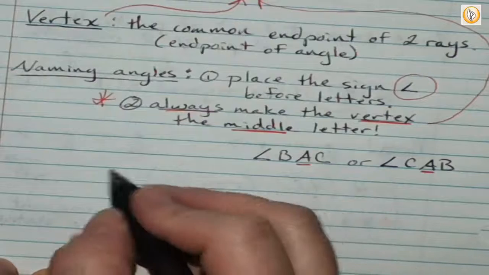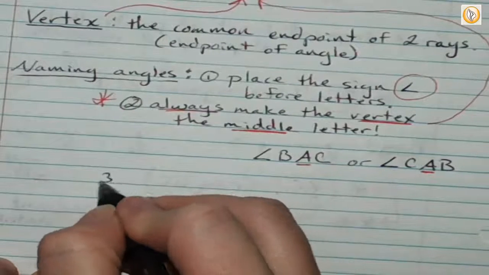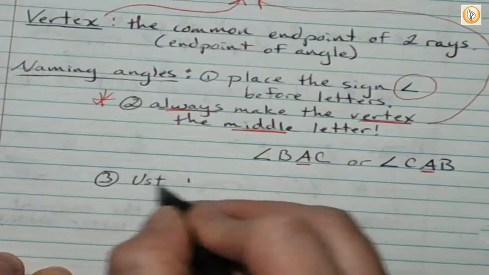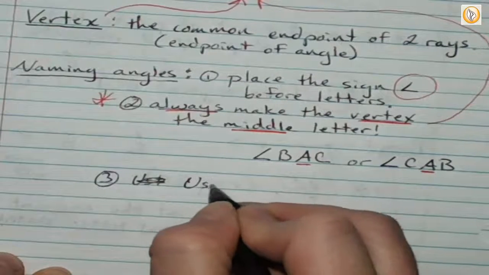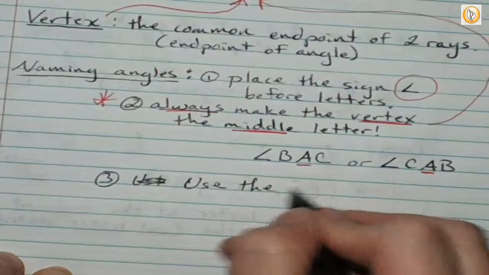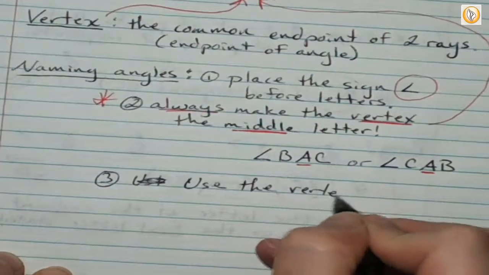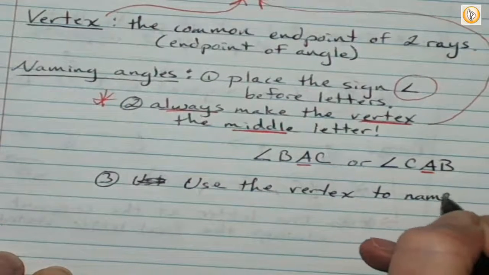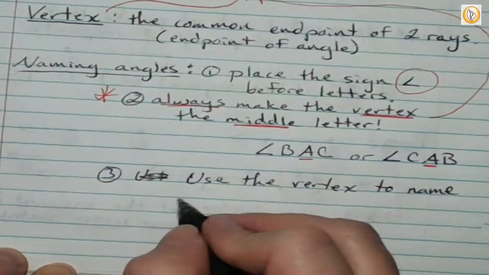Sometimes you can just use the vertex to name the angle.